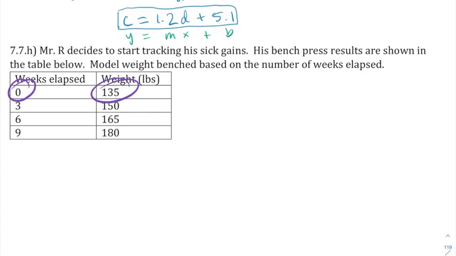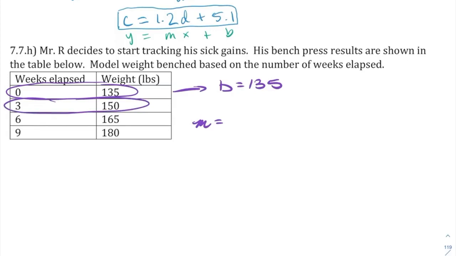Info we can extract in another shade of purple is that when 0 weeks have elapsed, the weight is 135, which gives us a nice starting value. Right away we can tell that our y-intercept, or our dependent intercept is at 135. For the slope, let's pick any 2 points. Maybe this business, I should circle that differently.